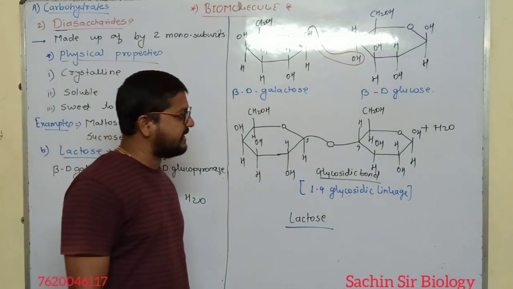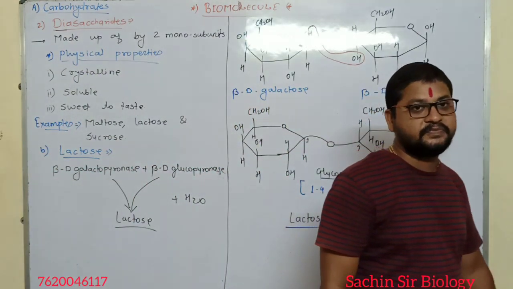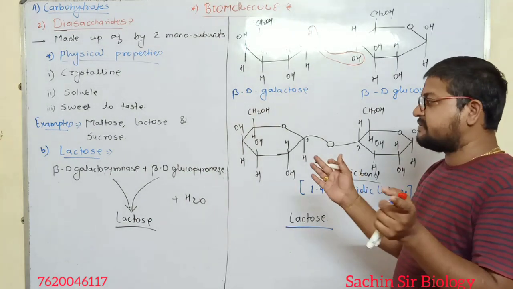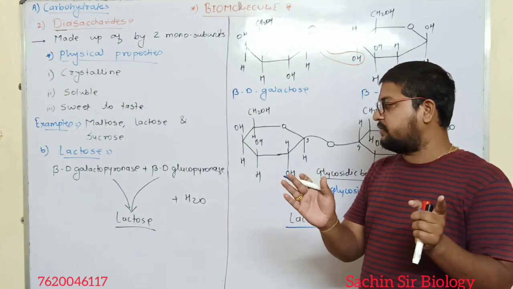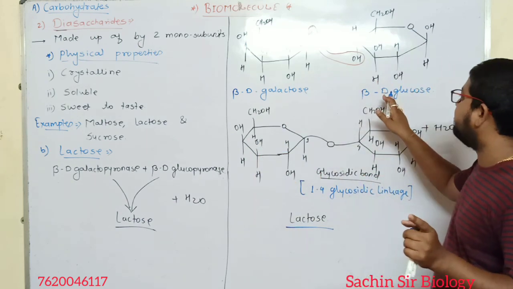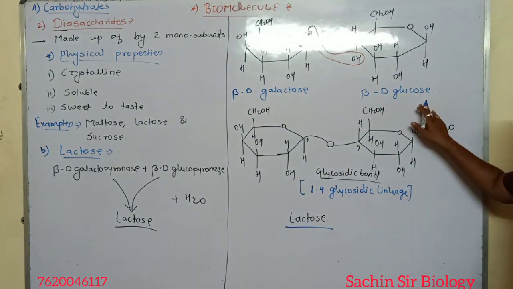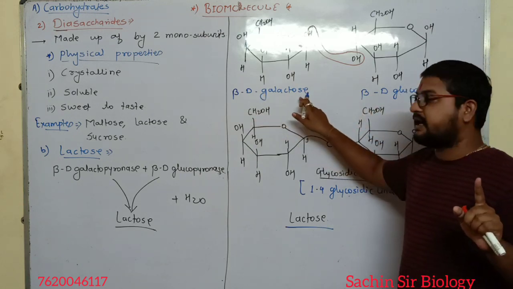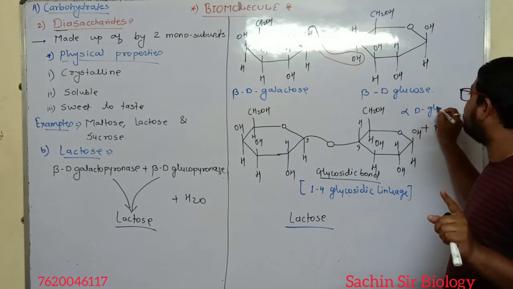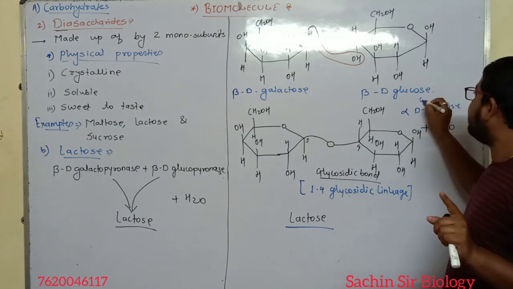Another interesting fact I want to tell you. Lactose is made up of two subunits, which are beta D galactose and beta D glucose, right? But lactose is also produced by two monosaccharides, beta D galactose and alpha D glucose. Understand?